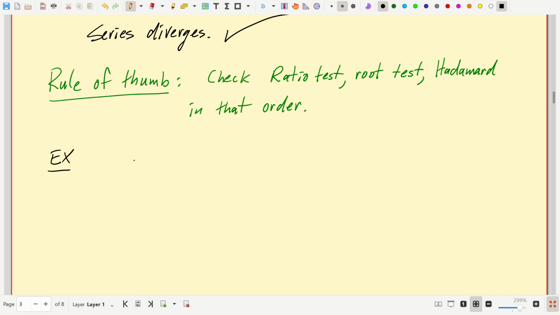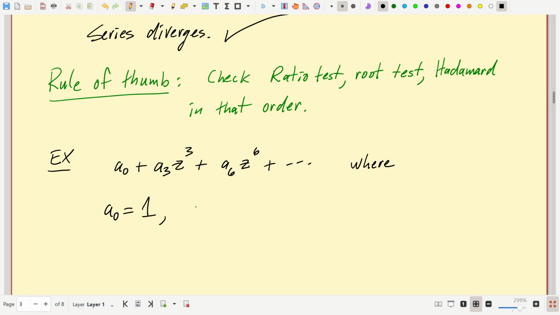Let's take the summation as n goes from 0 to infinity of an z to the n, where a naught plus a3 z cubed plus a6 z to the 6th plus etc., and a naught is equal to, say, 1, or pick any number you want.